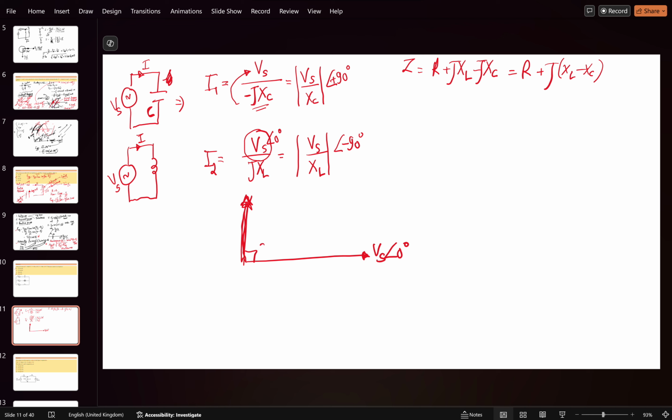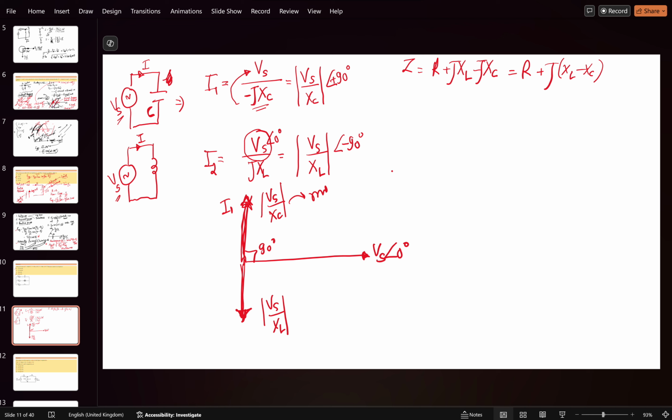What is the magnitude? Magnitude is Vs by Xc, and Vs is the RMS value. What about I2? I2 is lagging, so it will come here. This is Vs by XL.